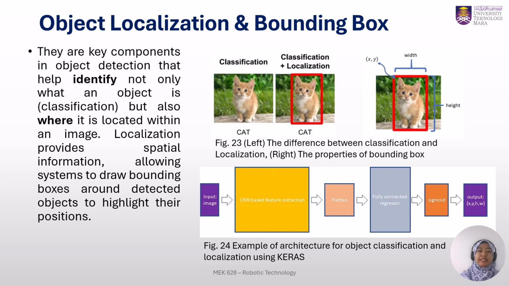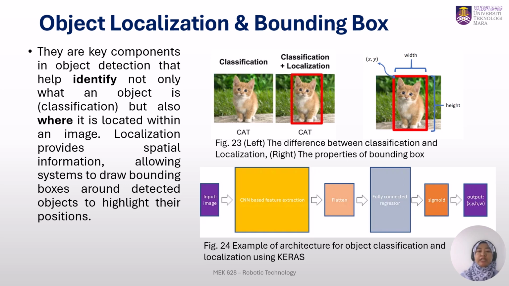So the spatial context is the size of the image, for example. Yeah. So these are actually the key components in object detection that help identify not only what an object is, but also where it is located within the image. So localization provides spatial information, allowing the system to draw bounding boxes around detected objects to highlight their position.